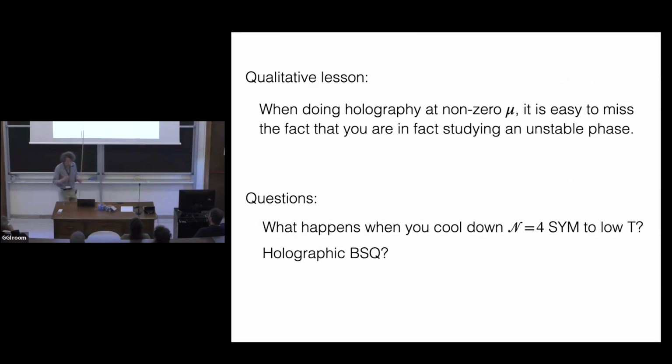Now, I want to finish with these statements. There's a qualitative lesson here: when you do holography at non-zero mu, it is easy to miss the fact that you are, in fact, studying an unstable phase. And there are a few questions. One question is, what happens when you cool down this theory, which is, again, the simplest holographic theory? It's not exactly clear what happens when you cool it down to low temperature.